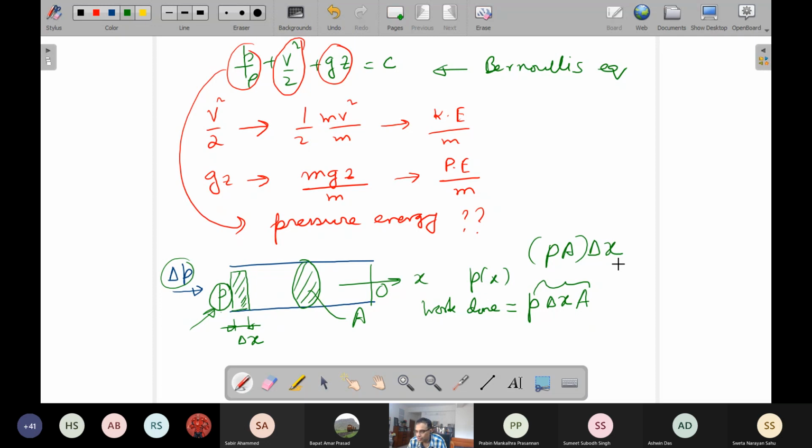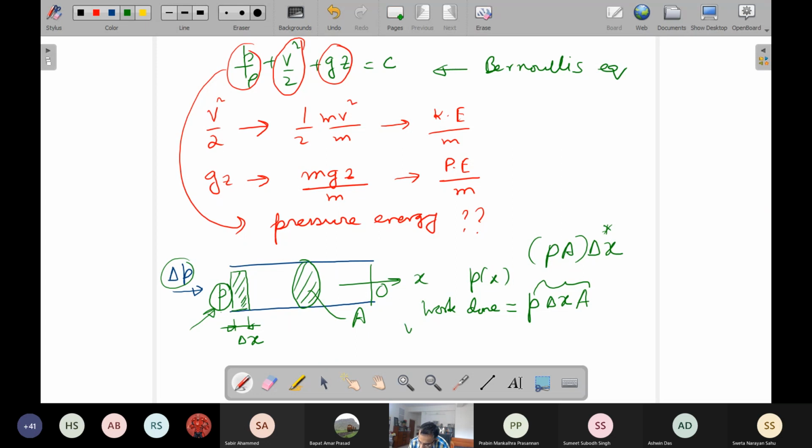So the force which is acting on this fluid element is P into A, and that is creating a displacement of the fluid element delta x. This displacement is very, very important, because this is what is enabling the maintenance or sustenance of the flow. If that is not there, the fluid will be stagnant. It cannot really move. So this is the work done.